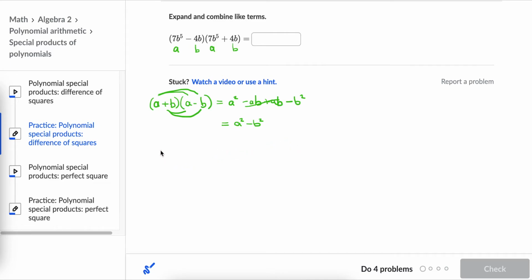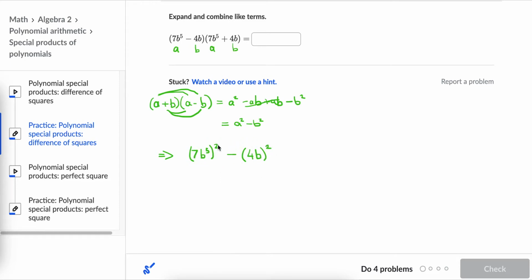So we can rewrite this as a squared minus b squared. Taking 7b to the fifth as your a, we square that, and then minus our b squared, which is 4b, and we square that. This will work as our solution.